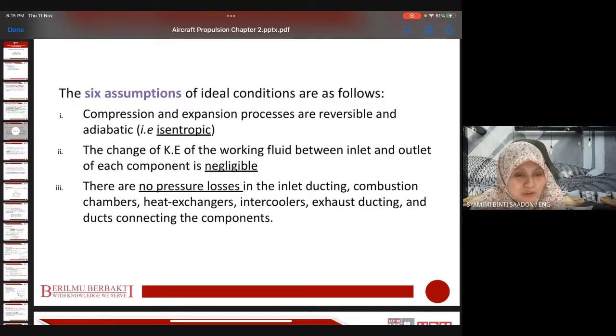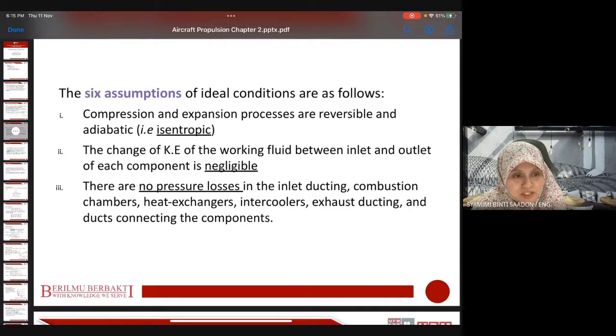So this is ideal conditions. Ideal normally means the best performance that we can expect from a gas turbine thermodynamic cycle. The first one is compression.